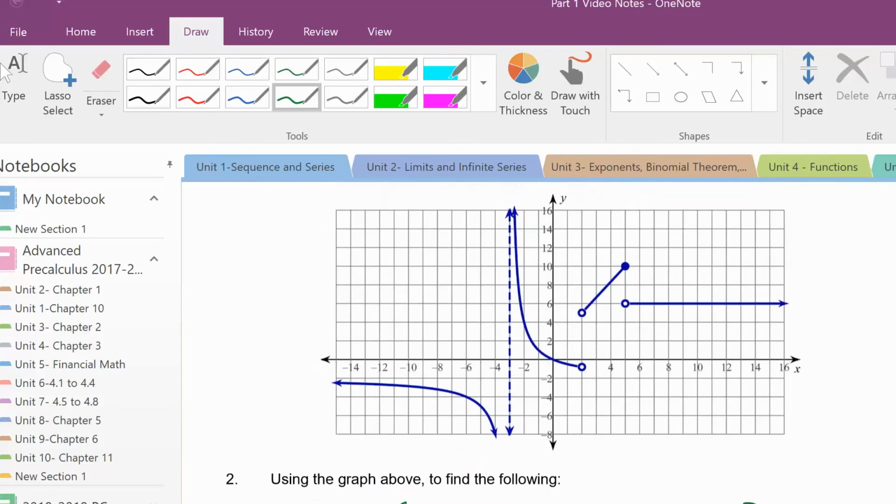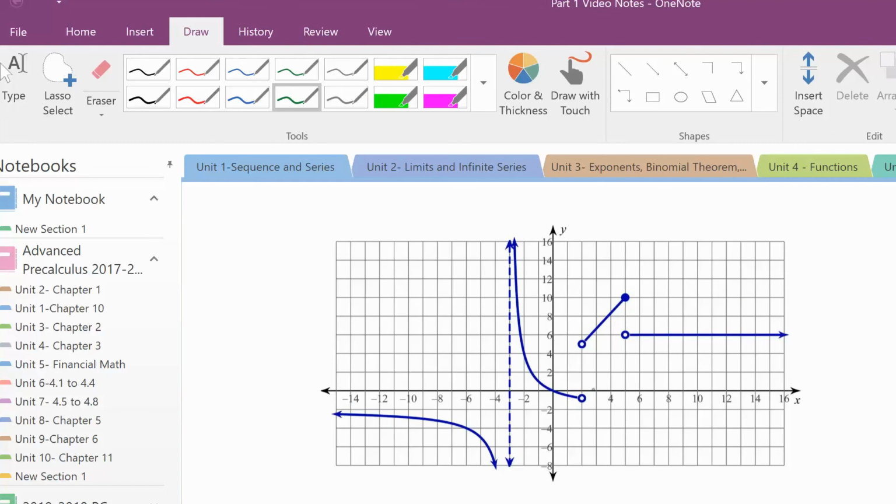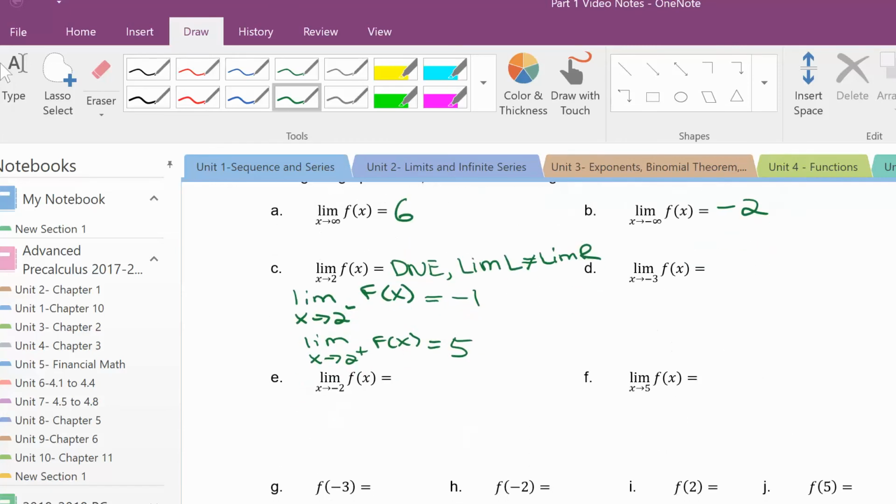Same thing for x approaches 3. Now notice as x approaches 3 from the left, it's going down, so it's going towards negative infinity.